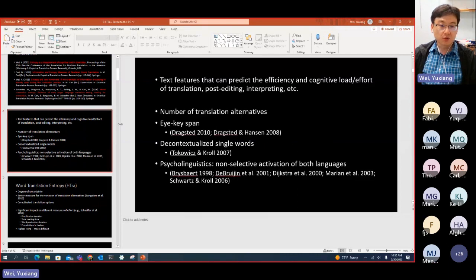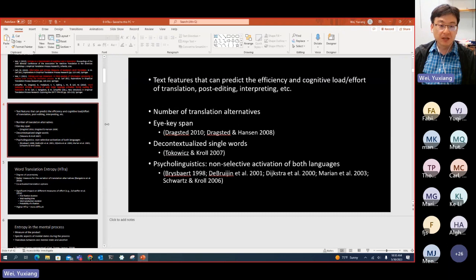So in empirical translation process research, we have seen a lot of studies that relate textual features and behavioral data. These studies show that various aspects of the text can predict the efficiency and cognitive effort of translation and other modes of translation production as well.